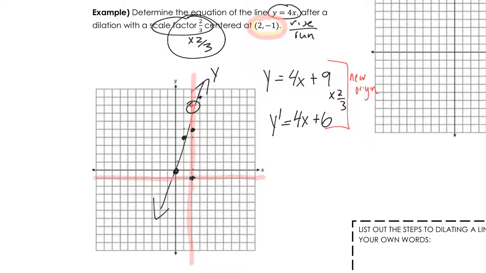The last thing I want to do is go back and look at my original axis. On the red axis, my y-intercept is 6. But if I look on my original axis, here's my y-axis. My y-intercept is here, down 1, 2, 3.